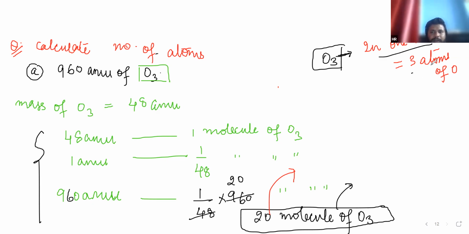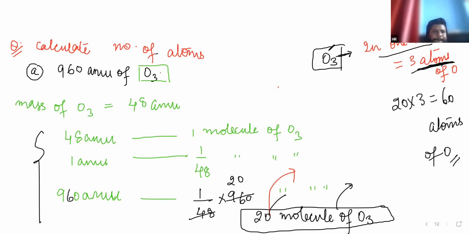In one molecule, 3 atoms are present. Then in 20 molecules, 20 into 3, that will be 60 atoms of oxygen. Just write it and let me know. I will have some other questions from this topic.